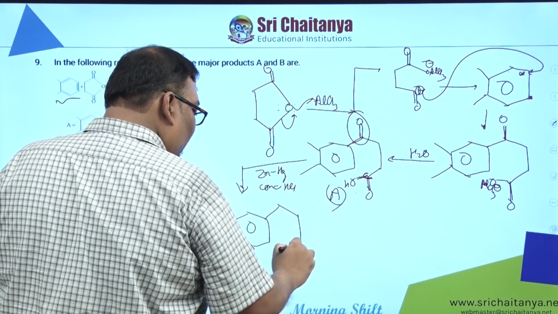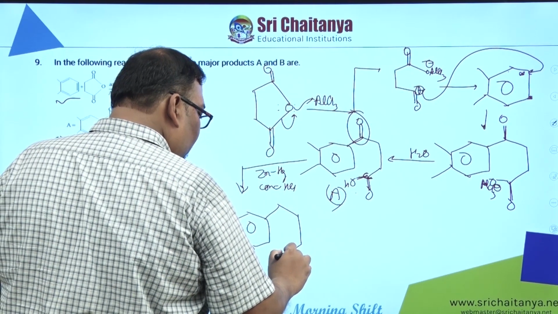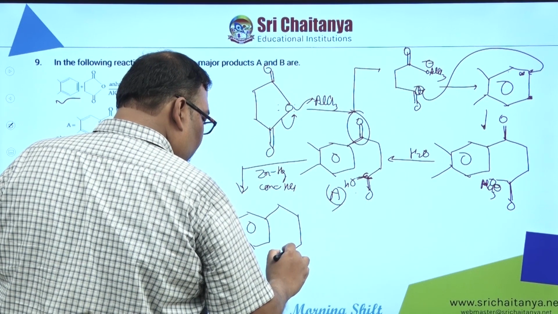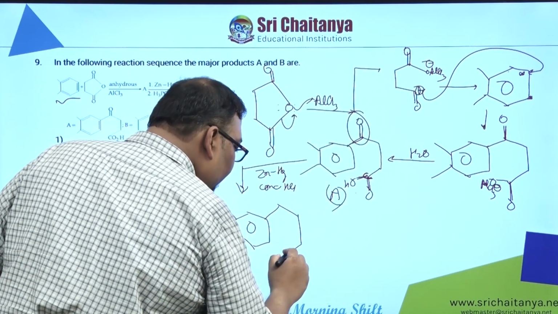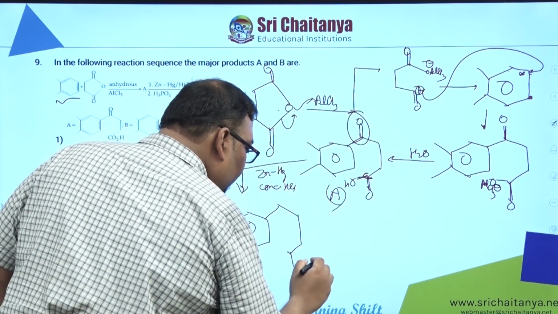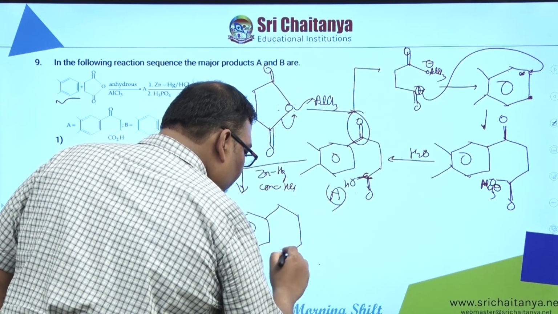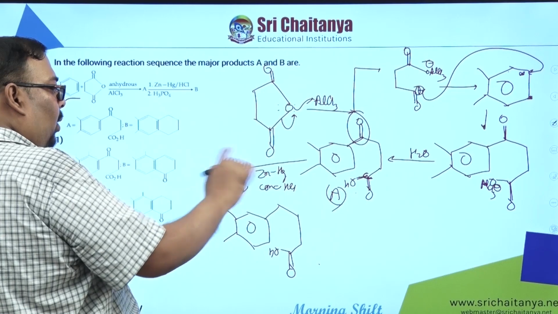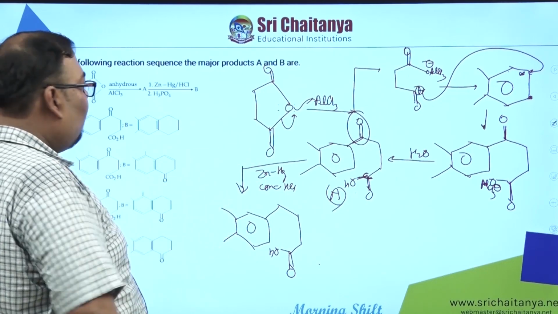I am directly writing it like this. So after Clemmensen's reduction, I will be getting this molecule.